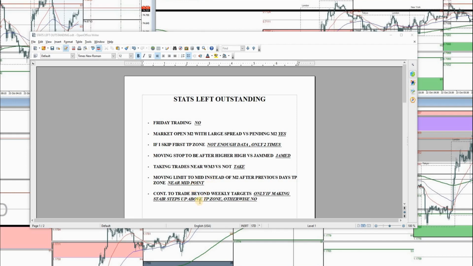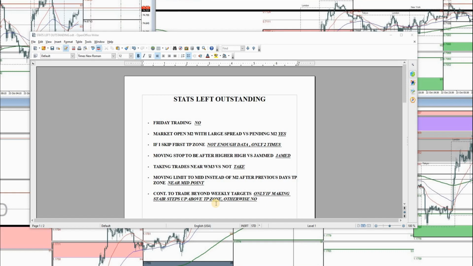Okay, the next question I wanted to answer was, am I going to continue to trade beyond the weekly targets? What I noticed in the backtesting is if we pull up to the weekly target and we start moving down, then the trade is off. We're in a consolidation or a downtrend.